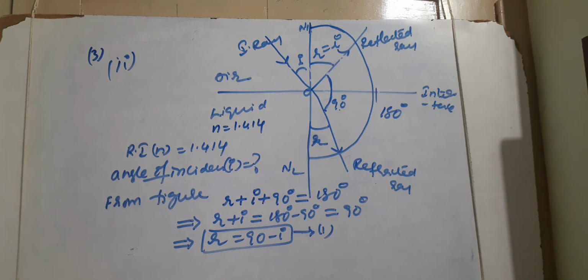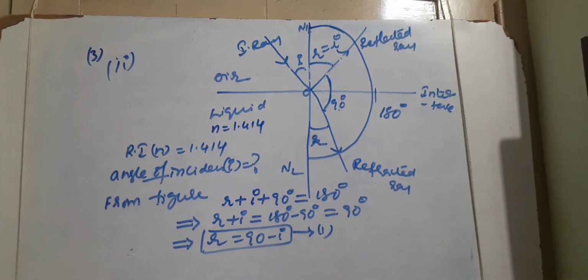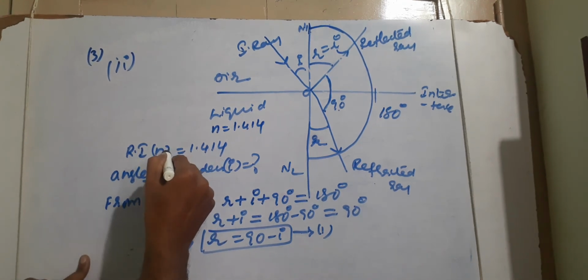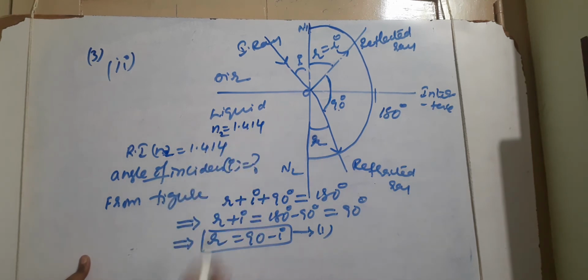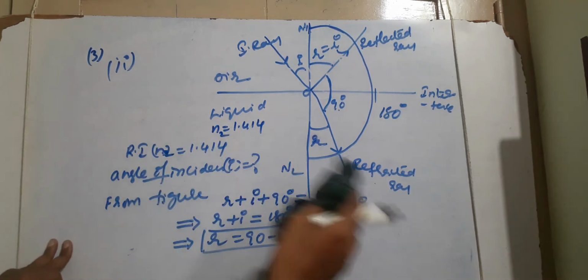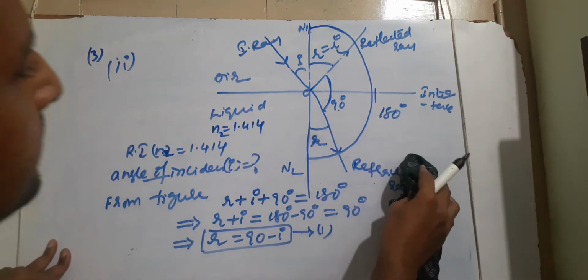You may take this as a screenshot, in the first stage of the second case, because the space is not enough. You may take this as the refractive index n2, and this is also n2. Now R is 90 minus I.